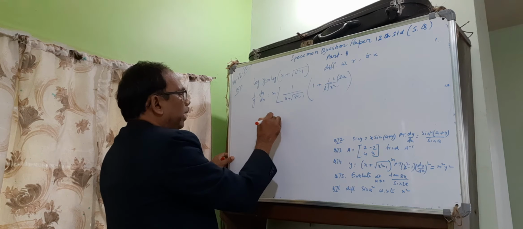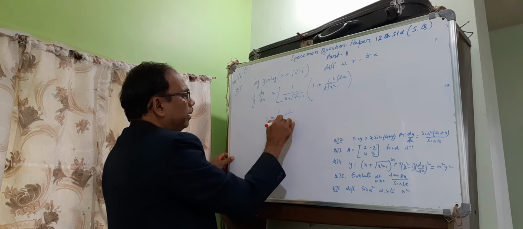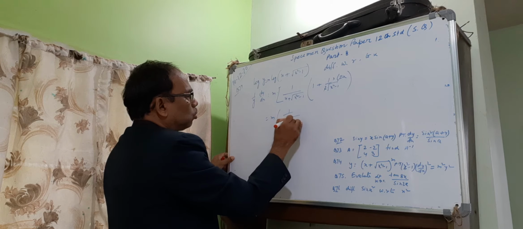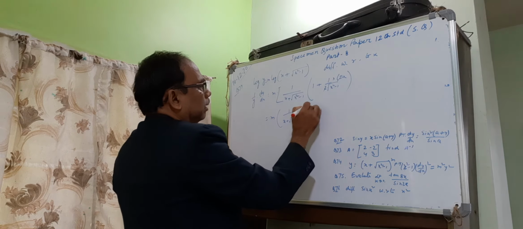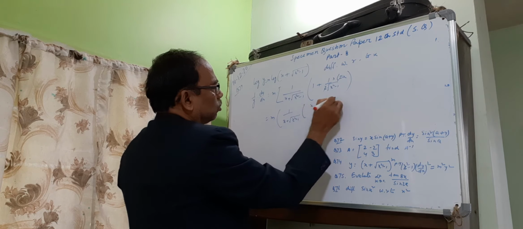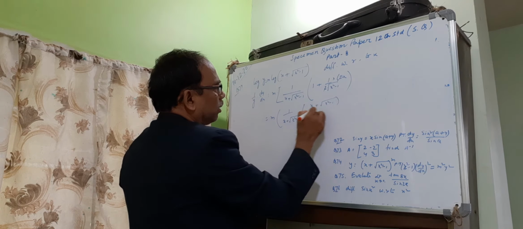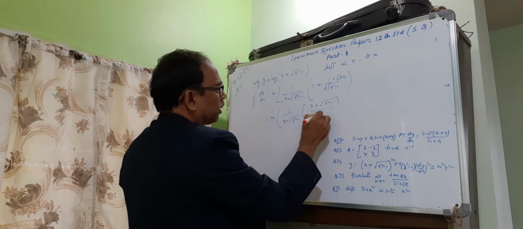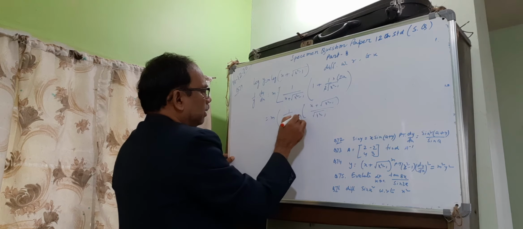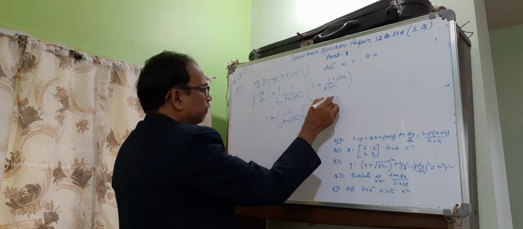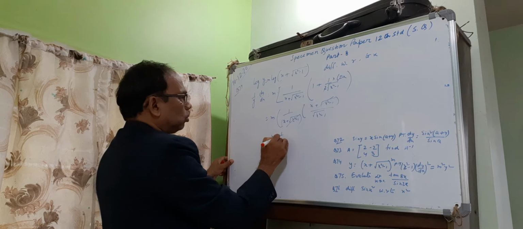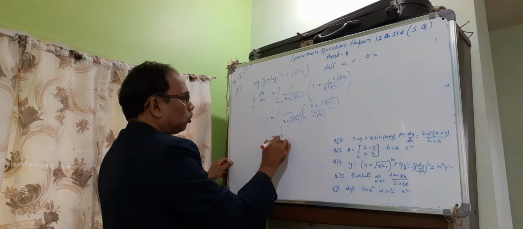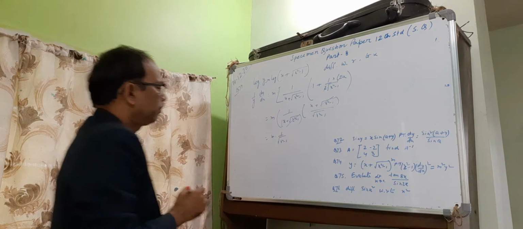That equals m into 1 by x plus root over x square minus 1, adding, that is x plus root over x square minus 1 over root over x square minus 1. This and this cancelled. That is m into 1 by root over x square minus 1.